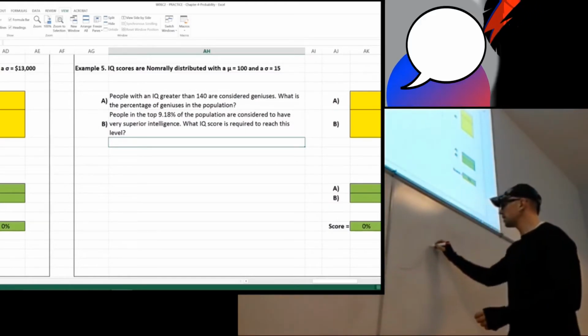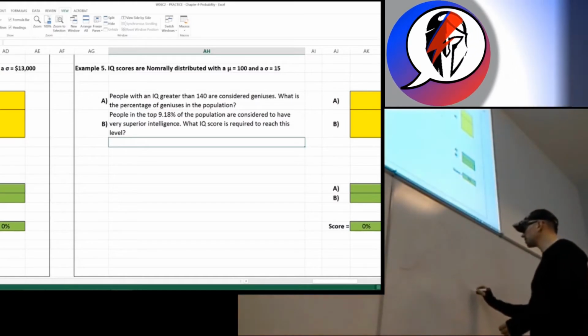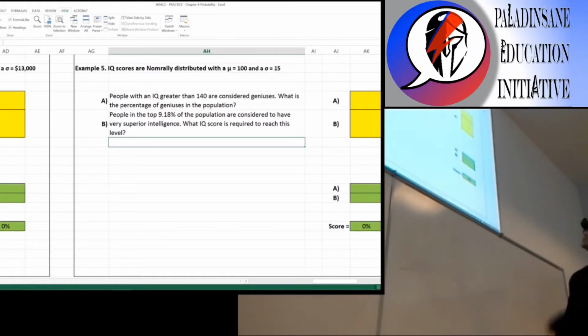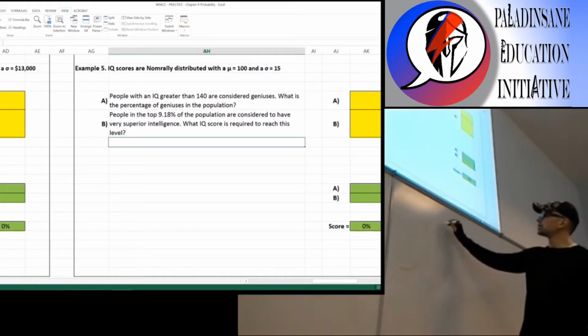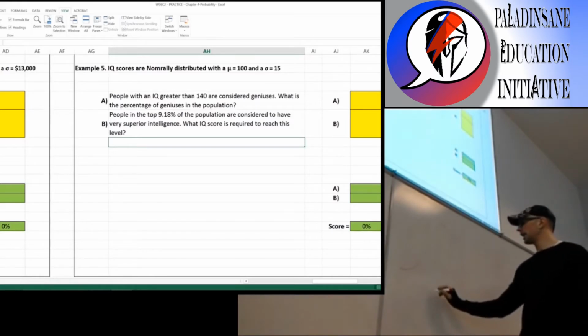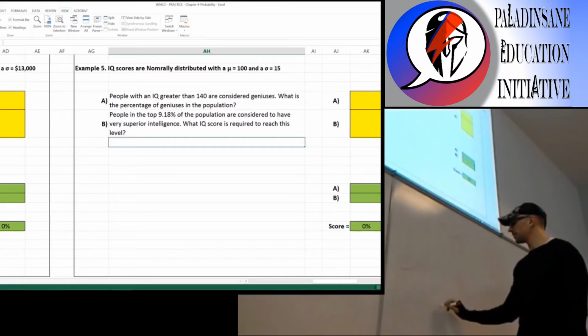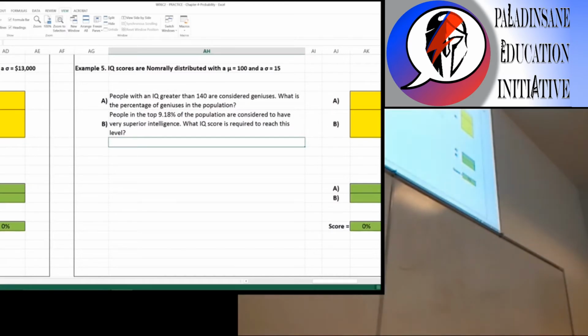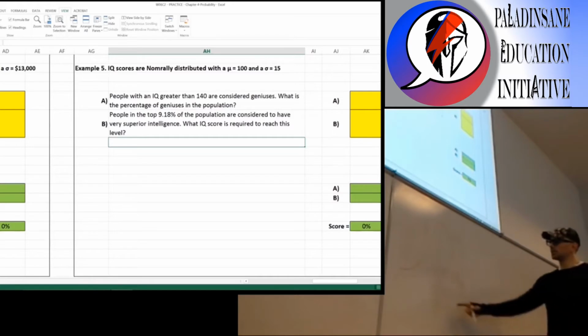So this is the population distribution. It's a horrible drawing, but it's going to serve our purposes. So you want to draw that out. It has a mean of 100. It's got a standard deviation of 15. And what we want to know is, people with IQs that are 140 are considered geniuses. What is the percentage of geniuses? So there's 100.